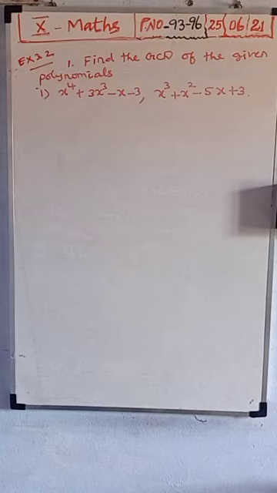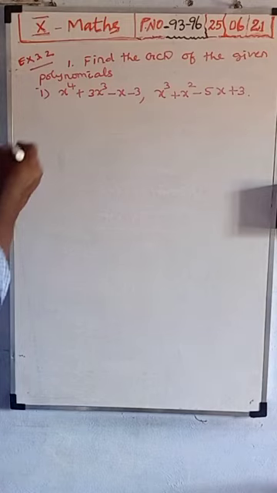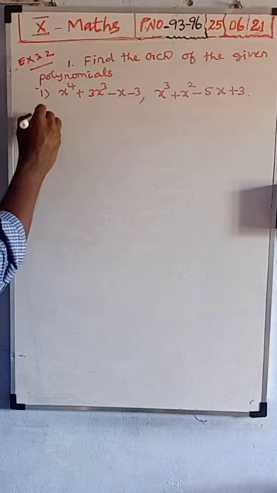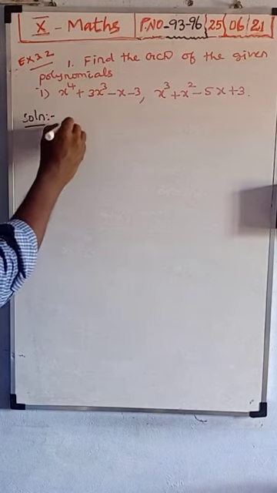Two polynomials. First polynomial: x power 4 plus 3x cube minus x minus 3. Second polynomial: x cube plus x square minus 5x plus 3. So now see the solution. First polynomial you should write as f of x.